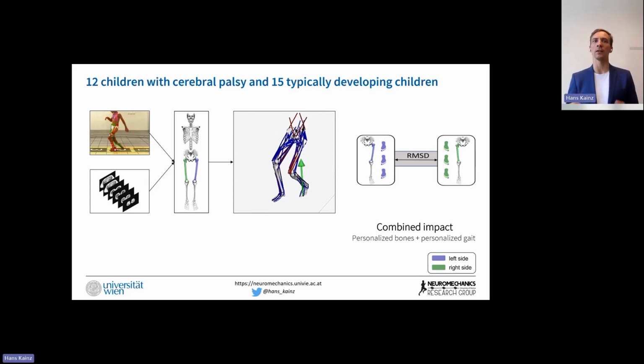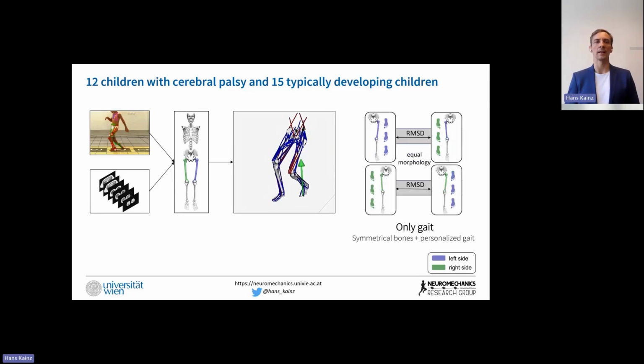But this can be due to different geometry between left and right and due to different, asymmetric gait patterns. To address our research question, we conducted a very simple form of so-called what-if simulations. So we ran additional simulations where, on one hand, we kept the morphology the same. So the geometry of the left and the right femur was exactly the same.